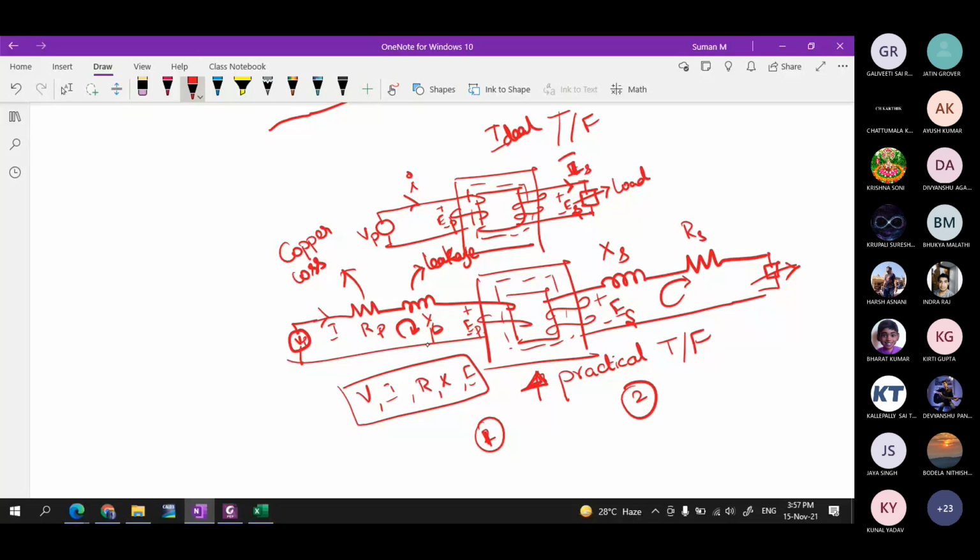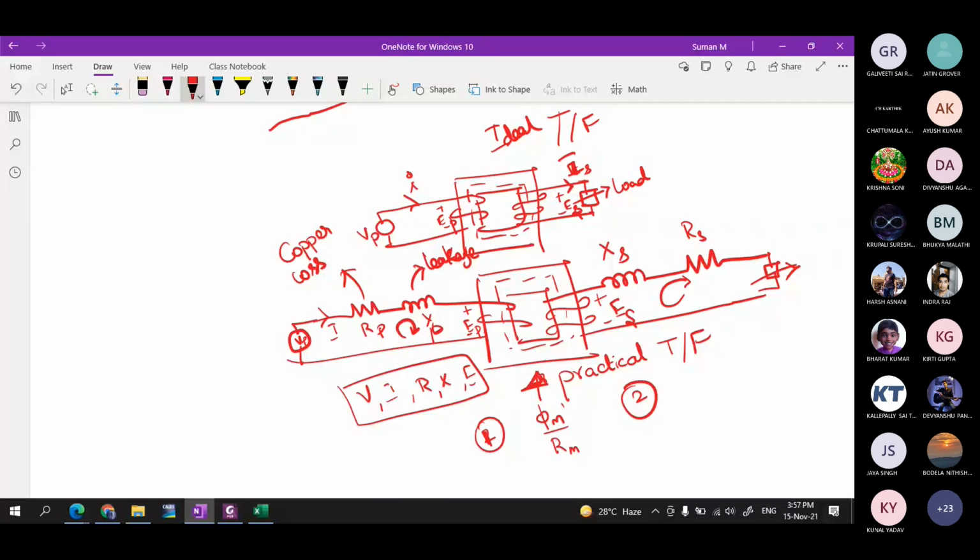What this magnetic part is doing here is it is going to have a mutual flux. If it is having a mutual flux, then the magnetic core will have its own losses because of this flux, so that also has to be represented.